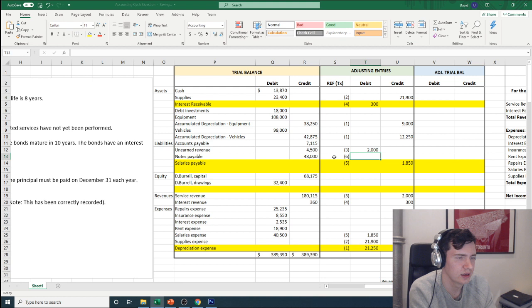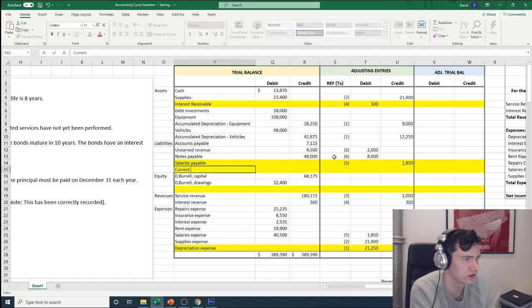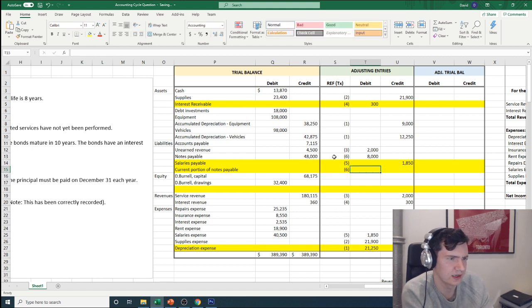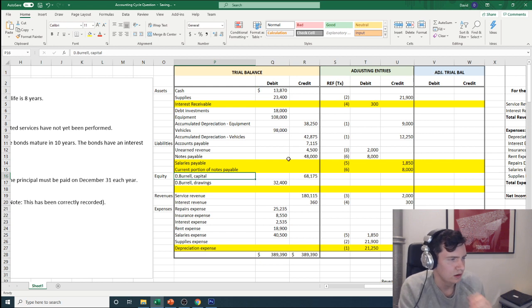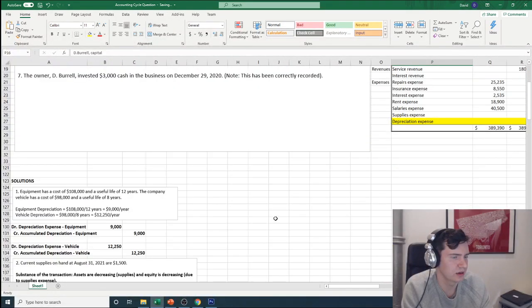And we're going to credit the current portion of notes payable. And that is the 6th amount, yeah. Okay. So that should be that.